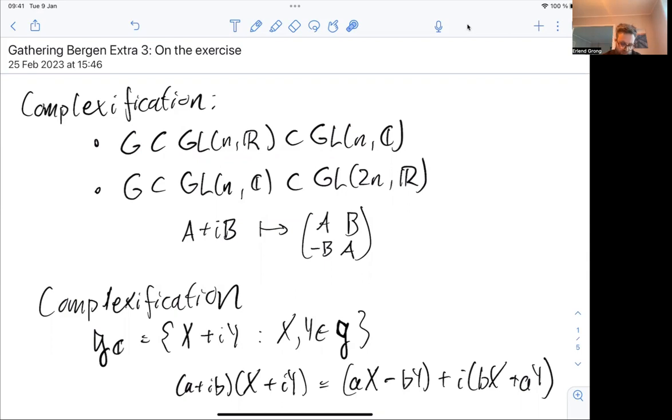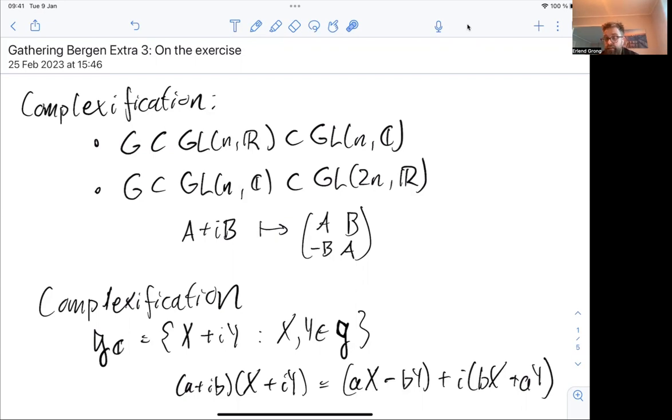But we can also put a group of complex matrices into a group of real matrices in the following way, which means that we can sort of shift between real and complex matrices.